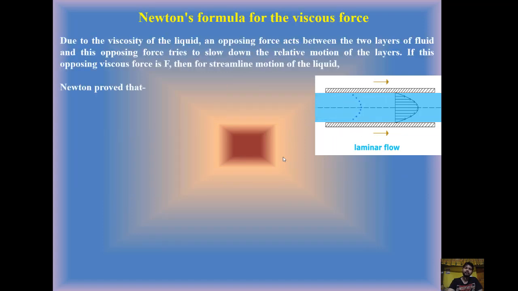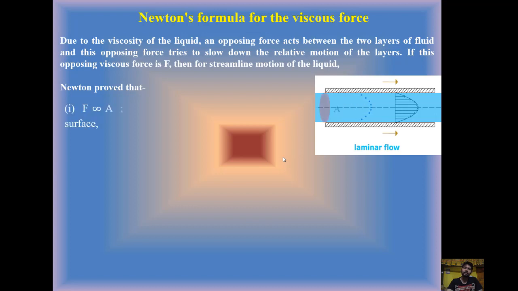Now we come to Newton's formula for the viscous force. The force which opposes the relative motion of the different layers of the liquid, due to the viscosity of the liquid, is an opposing force acting between two layers of the fluid, and it tries to slow down the relative motion of the layers.